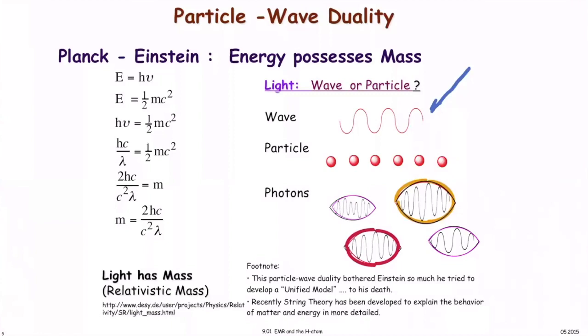A wave duality simply means that it has wave-like properties and it's got particle-like properties, and so we represent energy or radiation as photons.